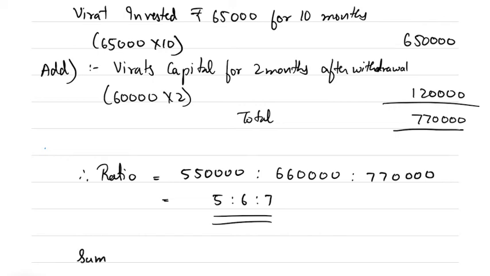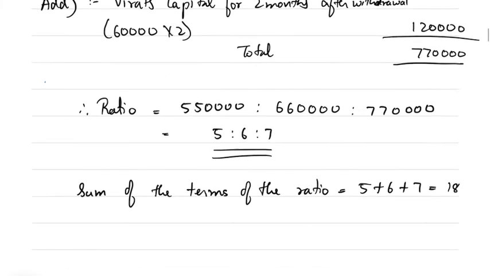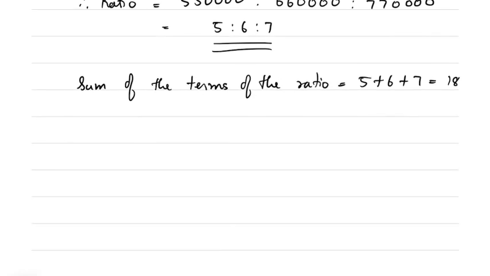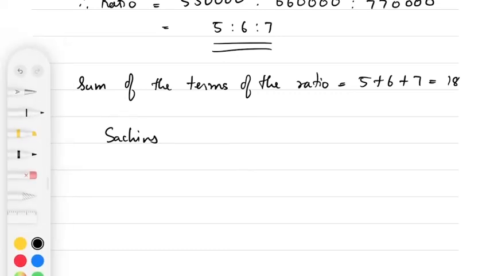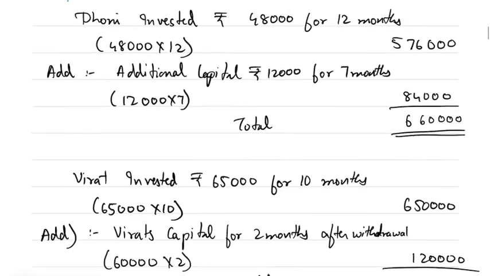So sum of the terms of the ratio is equal to 5 plus 6 plus 7, which is equal to 18. Right? So Sachin's share, how much is the profit?